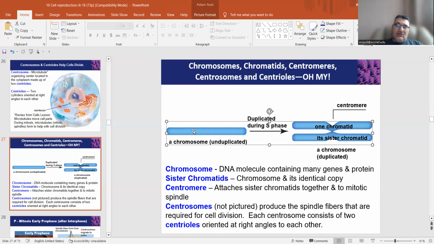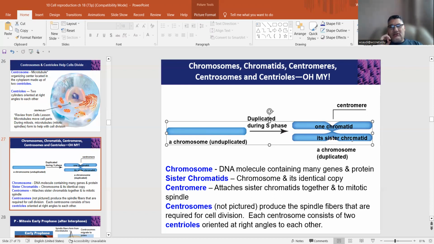If it is not condensed, we call it chromatin, not chromosomes. So it is condensed. Why is it condensed? It was chromatin, loose, uncondensed. Why did you condense like this? To prepare for division. So here is a chromosome, and it will duplicate. It will make two during the S phase, duplication. So one chromosome becomes two, but the two are not separated yet. Here is one that's called chromatid, and the other one is the sister chromatid.